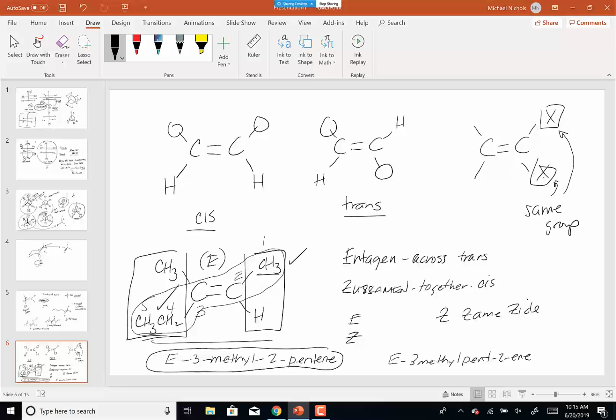Because I just remembered in the new system, they put the number right before the suffix. So it's a pent-2-ene, as opposed to a 2-pentene. It doesn't matter for this. It may matter for Top Hat.